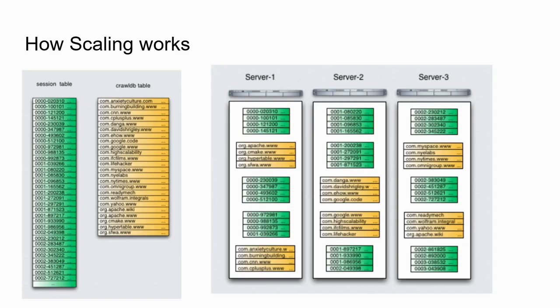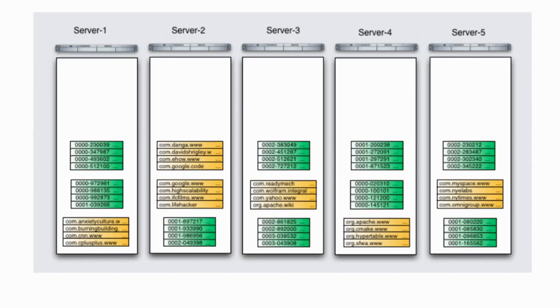So the three servers are filled to capacity. Next, if you add more capacity, it is a simple matter of adding new commodity servers and starting the range server processes again on the new machines. Hypertable will detect that there are new servers available with plenty of spare capacity, and then it will automatically migrate ranges from the overloaded machines onto the new ones.